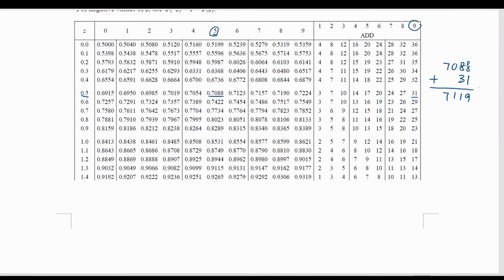So now we try to look for the value 1.1 and then 1 and 7. So 1.1, 1 is here, 0.8665, and 7 is 14. So we take 8665 and 14.